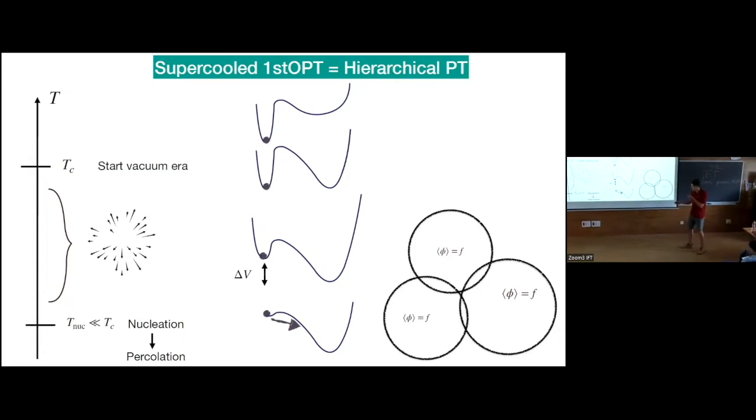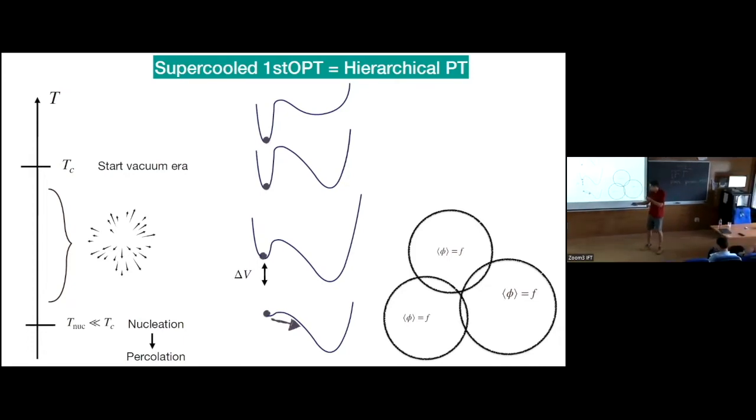A supercooled phase transition is when the second scale of the problem, which is the nucleation temperature, is much smaller than Tc. In between those two stages, the universe is dominated by the vacuum energy of the phase transition, the delta V here. And at T-nuc, when the nucleation takes place, the vacuum energy of the phase transition is released into heat to reheat the universe.